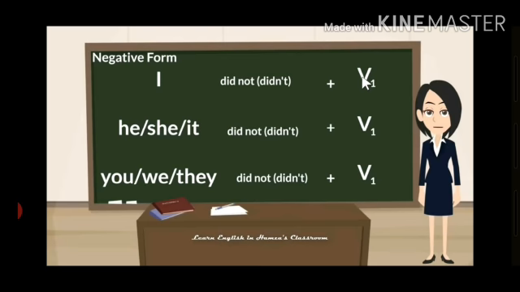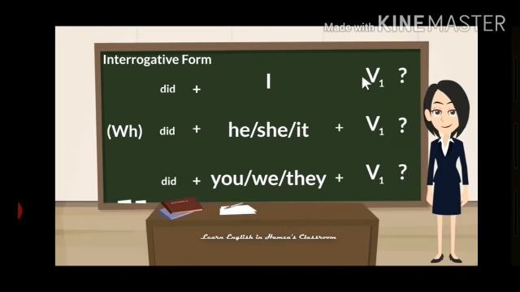Okay, you got it? Next, for interrogative form, we put did or WH question di depan, and then did, and then the subject and verb 1. So we only use verb 2, regular or irregular, only for positive form.